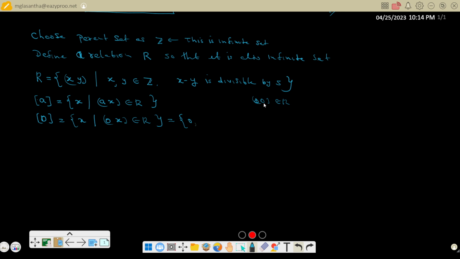Can x take 1? No, because if you take (0, 1), 0 minus 1 equals minus 1, which is not divisible by 5.